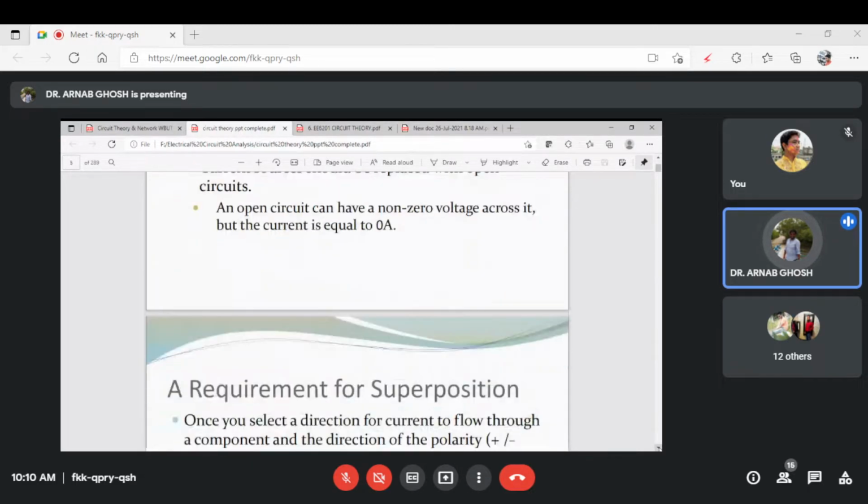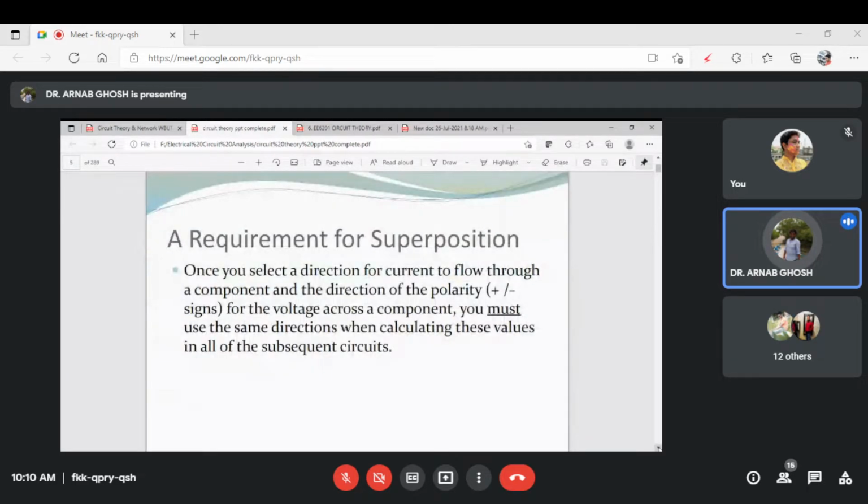And the second most important thing for the superposition theorem is, once you select a direction for current to flow through a component, the direction of the polarity for the voltage across the component and to calculate the values must be the same in all subsequent circuits.